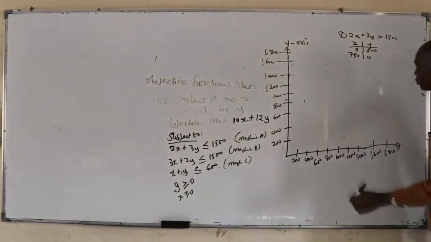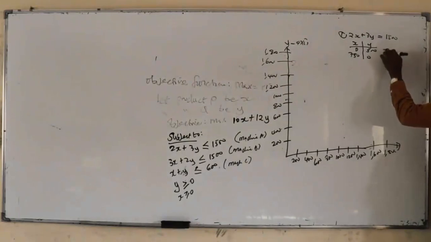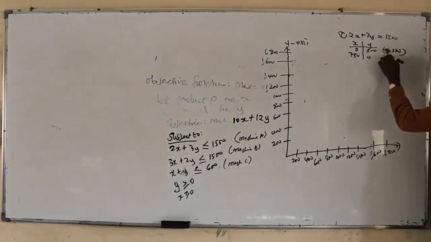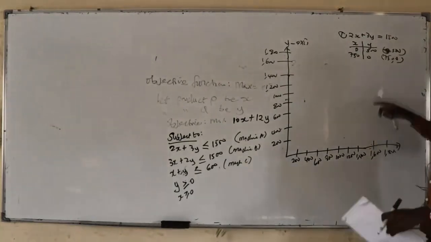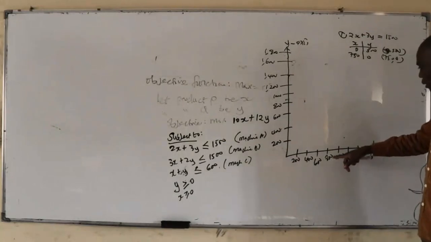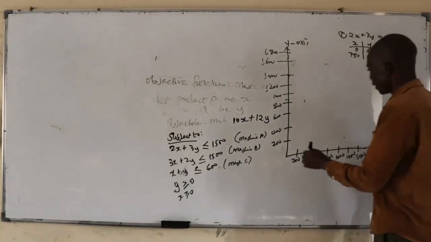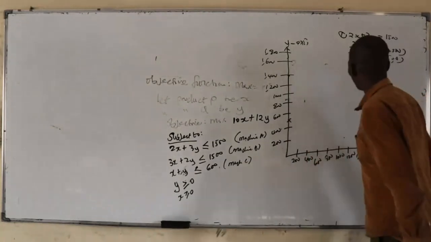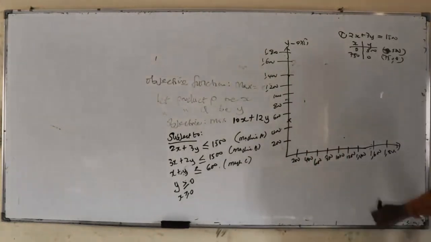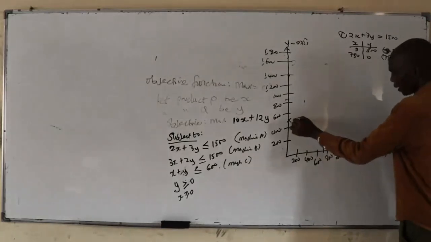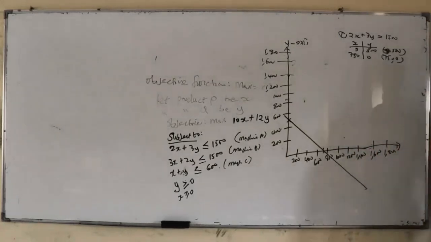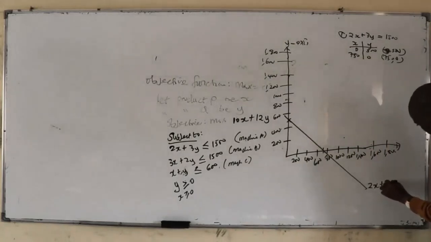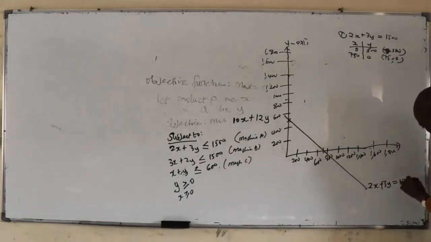So you have your 2 points, 0, 500 and 750, 0, for purposes of getting the line. So 500 is somewhere there, then 750, 0 is up there. Then you join these with a straight line, and that line is where we have 2x plus 3y equal to 1500.